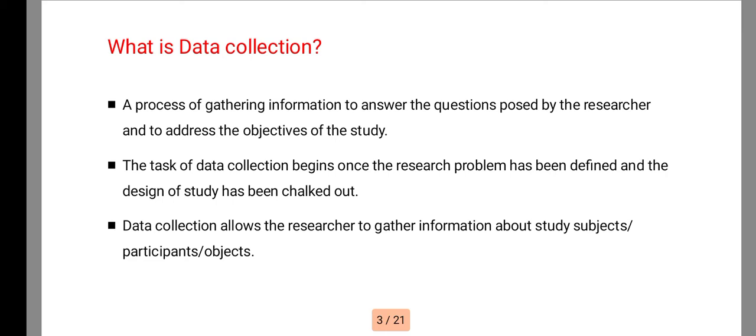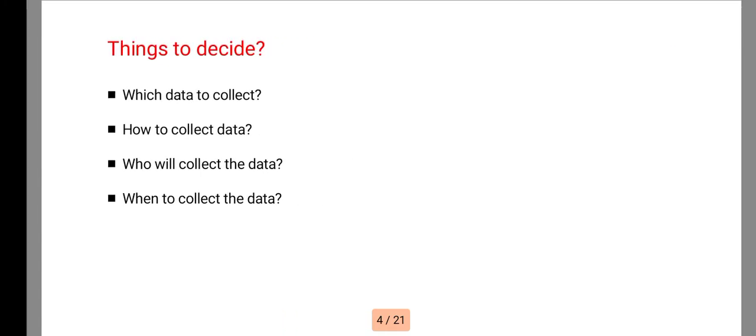And you will also define the design of the study. Data collection allows the researcher to gather information about your related study, or about the participants or the subjects of your study. So what are the things you have to decide?